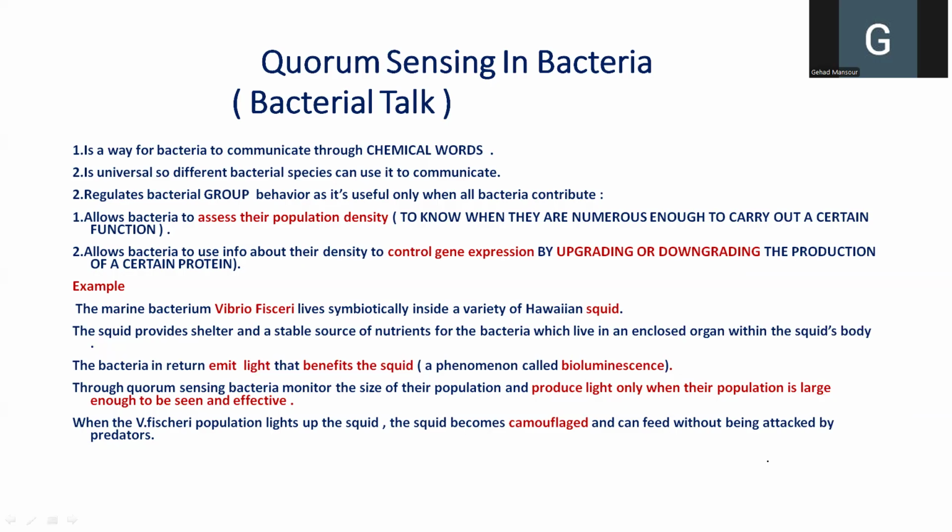Why? Because the bacteria are there, safe inside a very specific organ in the squid's body. But the bacteria in return will emit light, and that light is important for the squid.